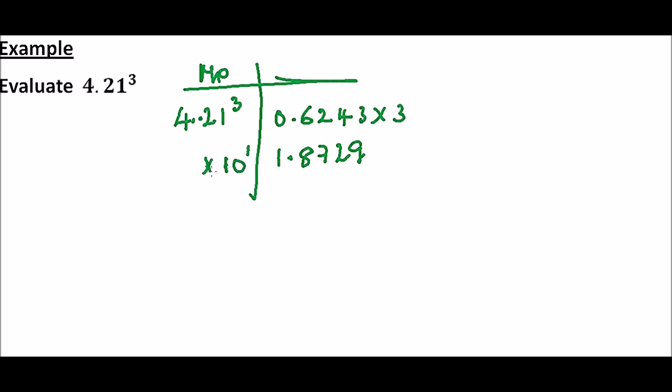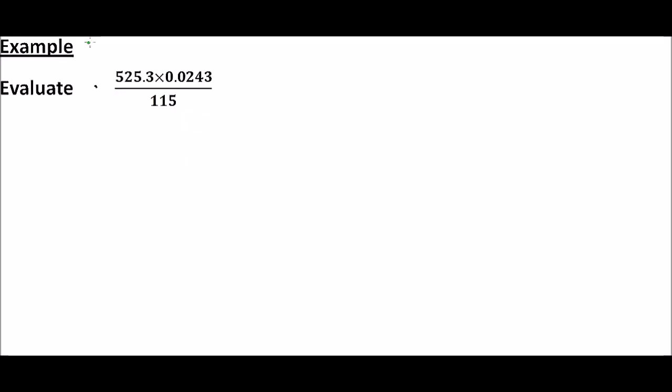We get the anti-logarithm of 0.8729, which gives us 7.4628. So the answer to this one is 74.628. That's how you work out that.